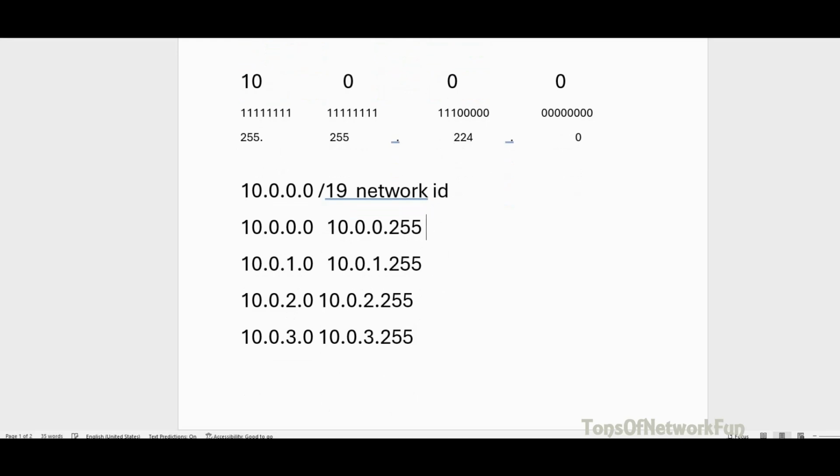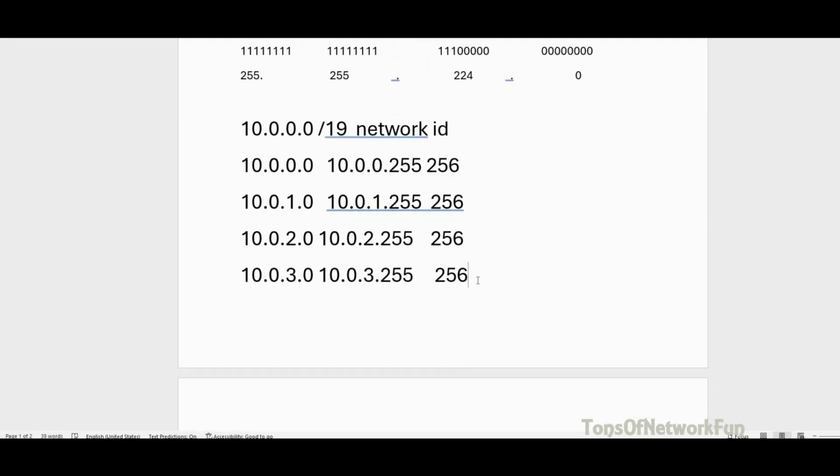So here we get 256, here we get 256, here 256, here 256.